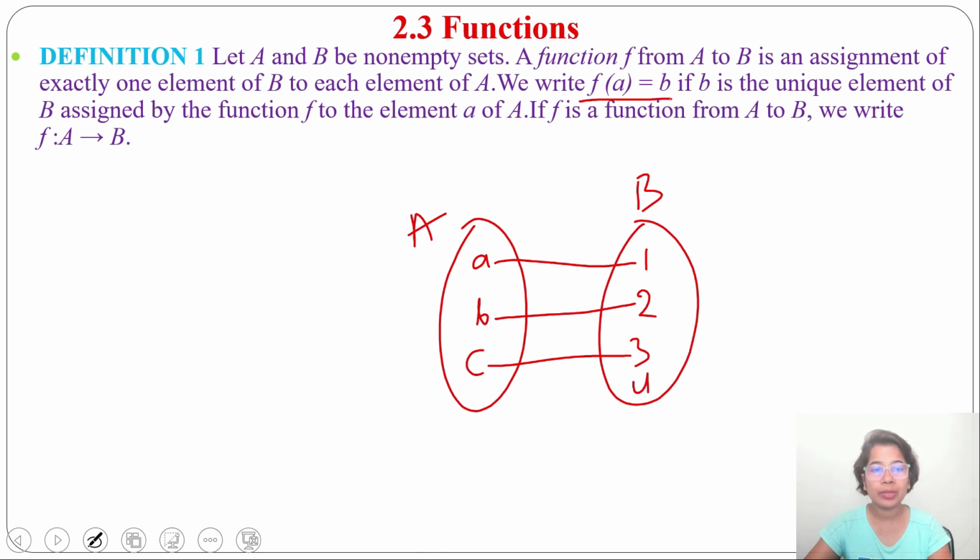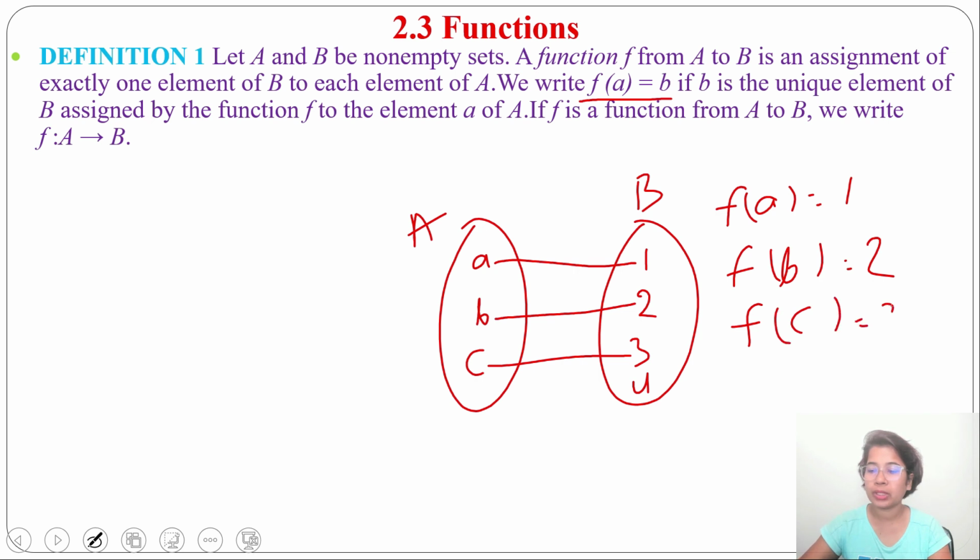Here b is the unique element of set B assigned by the function f to the element a of set A. We can write f of a equals 1, f of b equals 2, f of c equals 3.